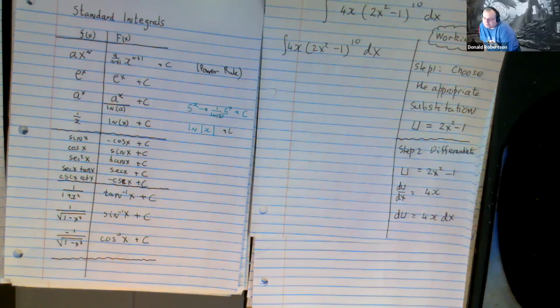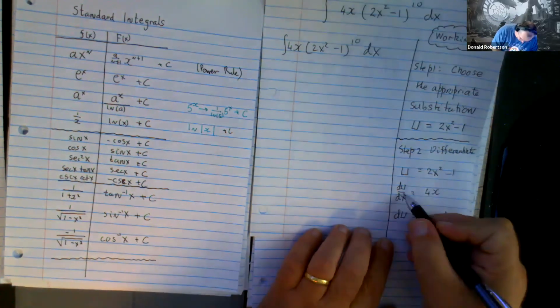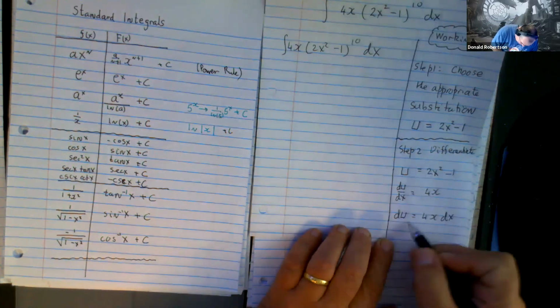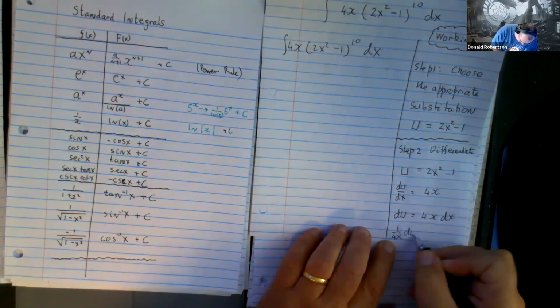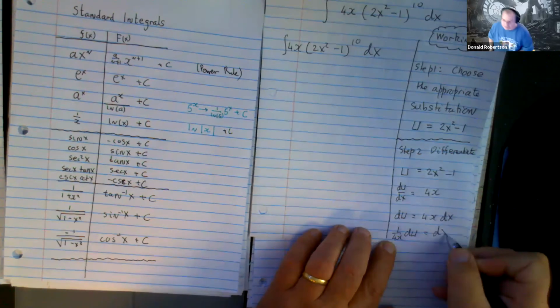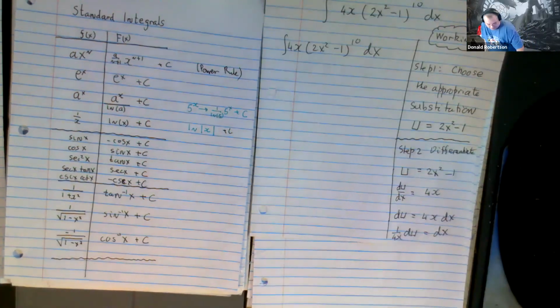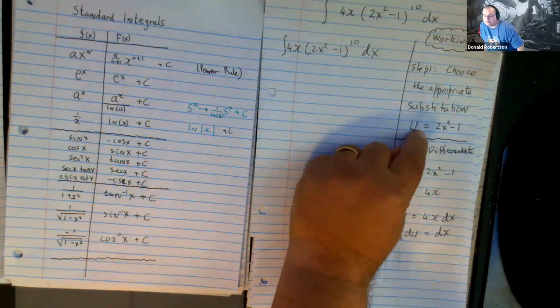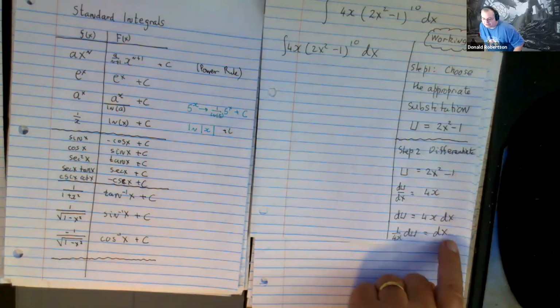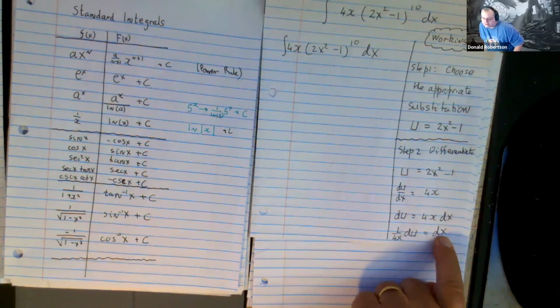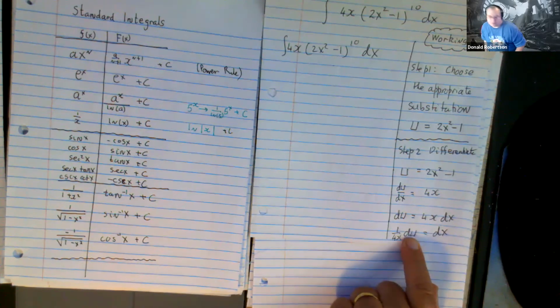It's a bit like multiplying both sides by dx, isn't it, in one sense? So I call this the crossover, and then you divide both sides to isolate the dx. So step one, pick your u sub. Step two, differentiate. And when you're finished, you will have dx equal to whatever it is.